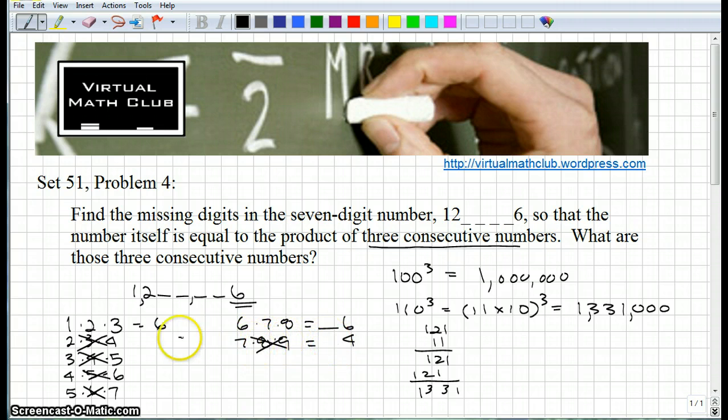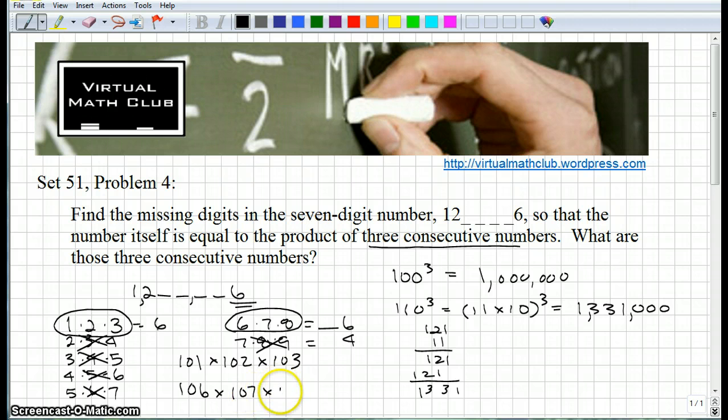So we have 2 possibilities: the 1, 2, 3 possibility, or the 6, 7, 8 possibility. So we're looking at either 101 times 102 times 103, or 106 times 107 times 108.